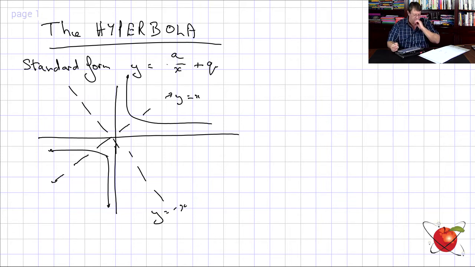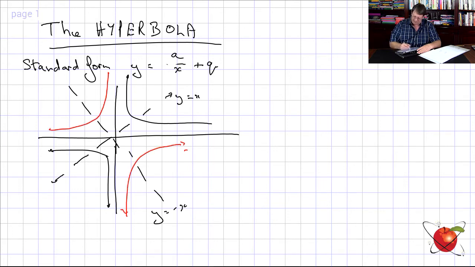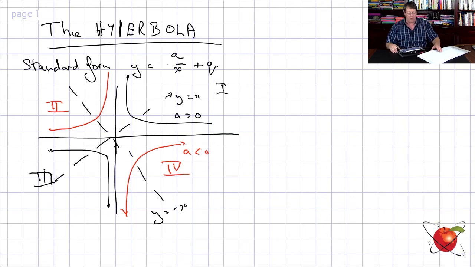This here is the lines of symmetry, and a gave us the shape, remember. If a was less than 0, we got there, and if a was greater than 0, we were there. So if a was positive, it's in quadrants number 1 and 3, and if it was negative, then it's in quadrants number 2 and 4.